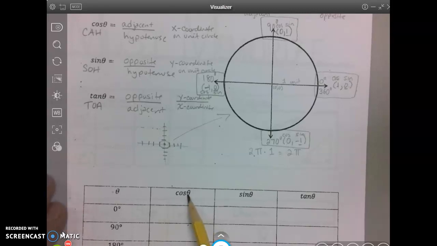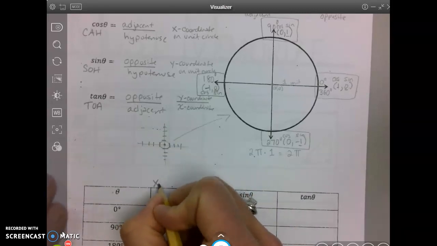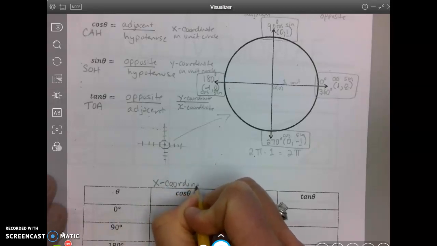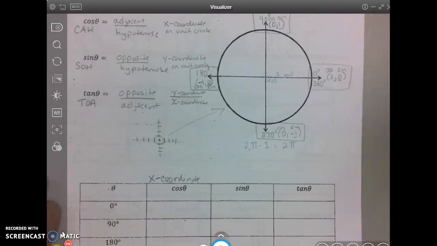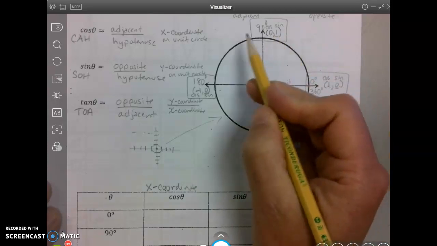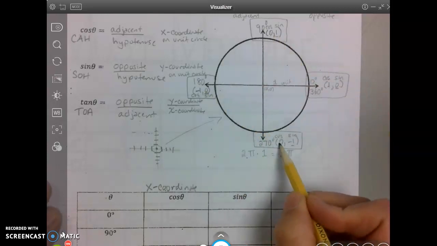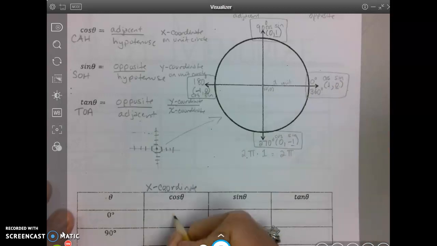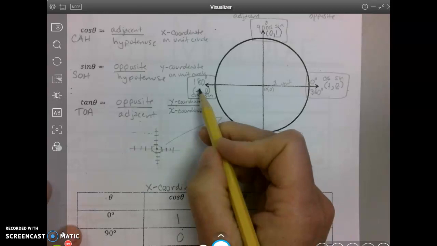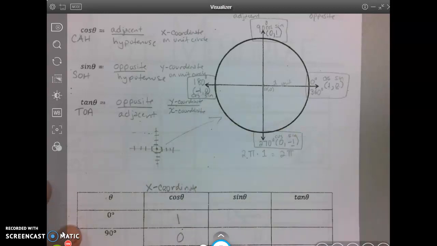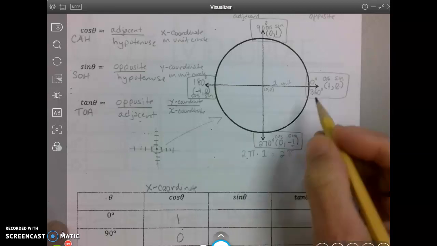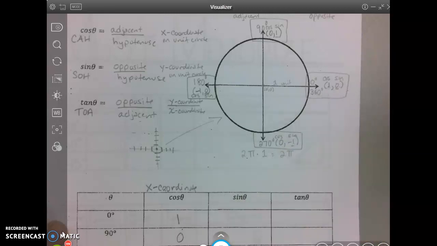When they're asking me for the cosine, that is the x-coordinate. So I am literally going to travel around my unit circle just looking at my x-coordinates only. So 0, I get 1, go up to the 90, I get 0, go over to the 180, I get -1, down to the 270, I get 0, and the 360, I get 1 again.